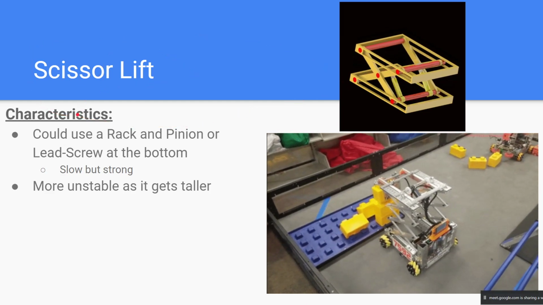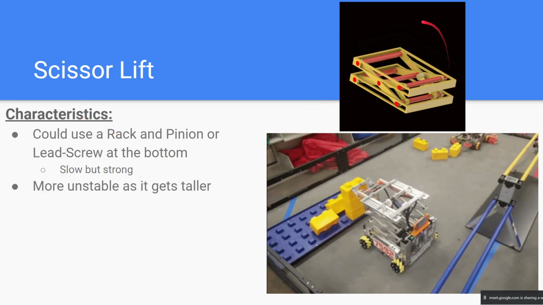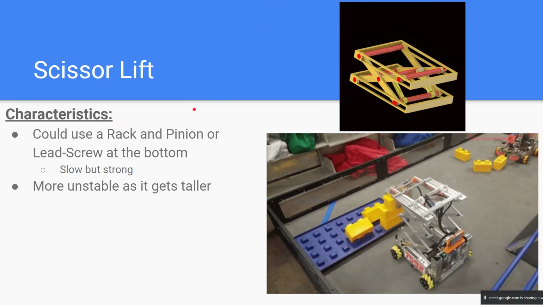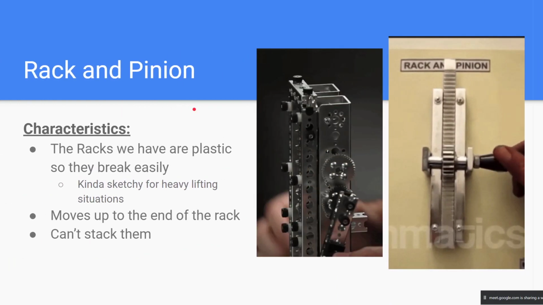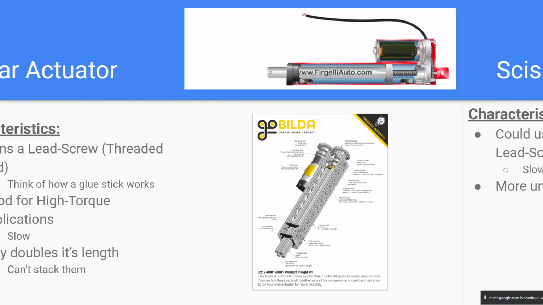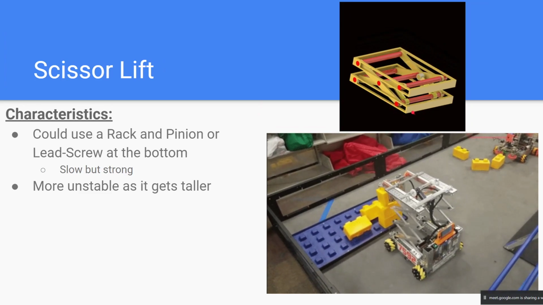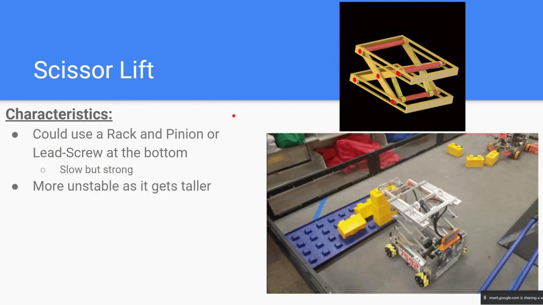I don't necessarily think it's the best thing. This image kind of explains it. You also need to combine either the linear actuator or the rack and pinion mechanism to make the scissor lift go back and forth.